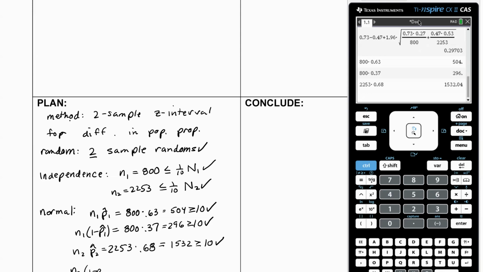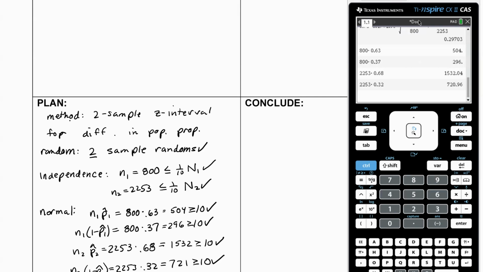N2 times 1 minus P hat 2 is 2053 times 32%, and that number comes in at 721. And we meet that condition. All right.